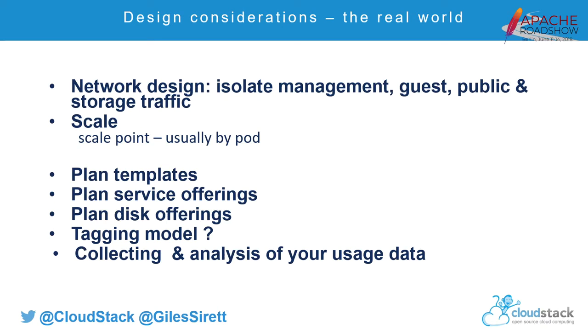CloudStack has a very rich tagging model, which lets us tag particular hosts, particular storage types, anything by giving it a tag. So for example, I could have a high-performance storage tier, and I could tag that as a high-performance storage tier, and then I can associate different service offerings to say, go and use that storage tier, okay?